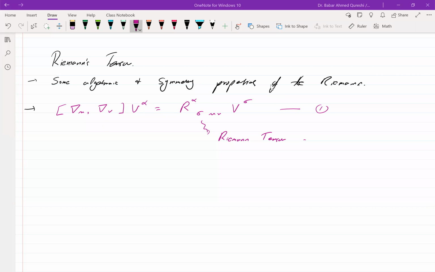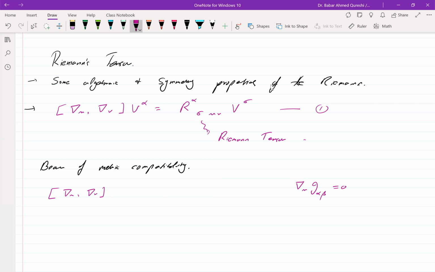Now, because of metric compatibility, we can find the action of this commutator on a one form as well. Because we assumed that we are only considering that unique Levi-Civita connection, where the metric is compatible with the connection in the sense that the covariant derivative of the metric is 0.